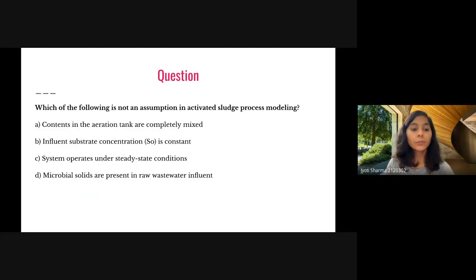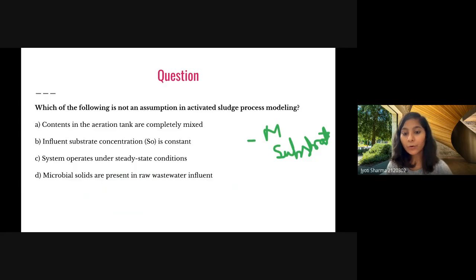Thank you. So the next question is: which of the following is not an assumption in activated sludge process modeling? So see, we have microorganisms, right? We have substrate. Substrate means the food. Food is organic matter in the polluted water.